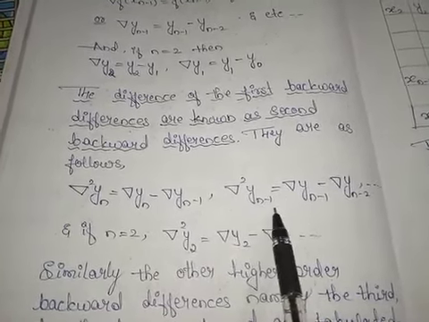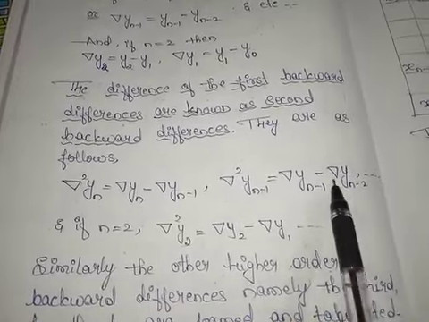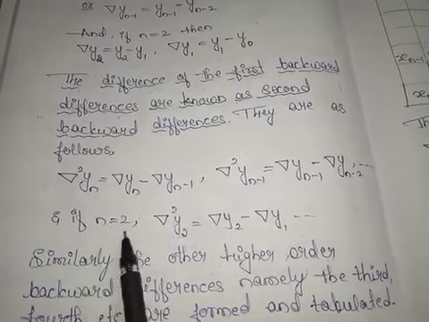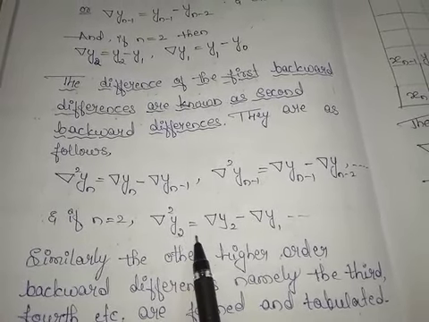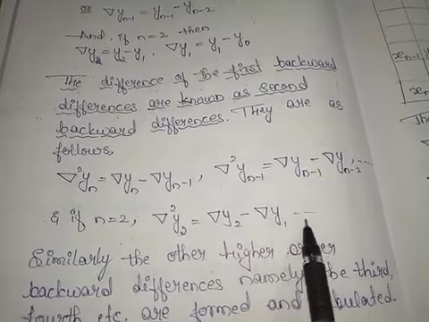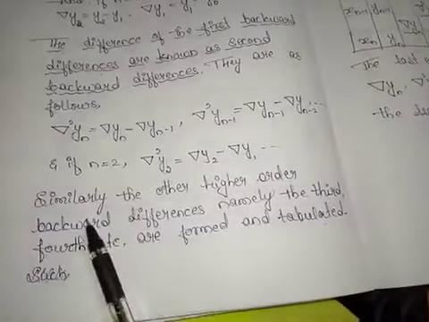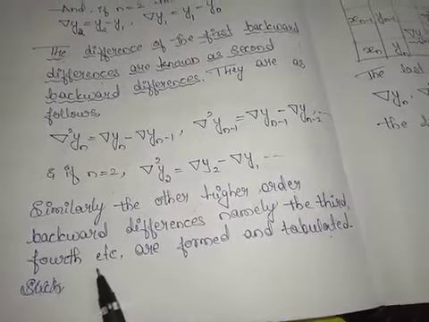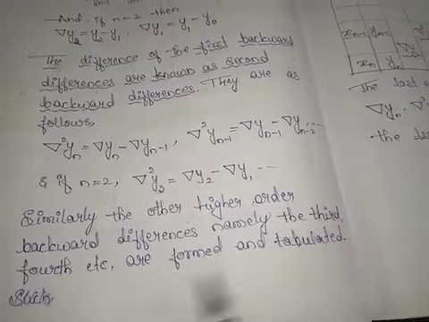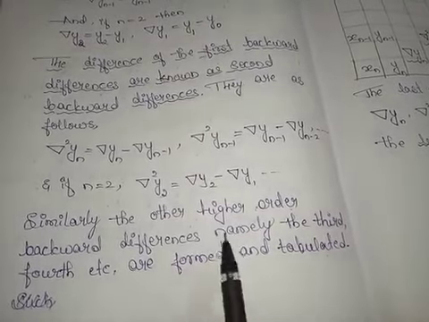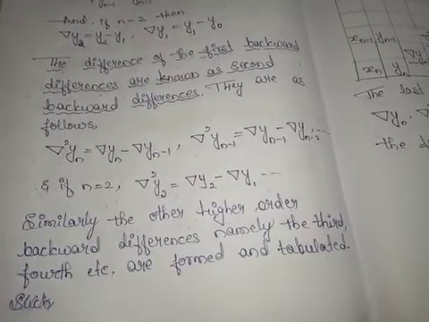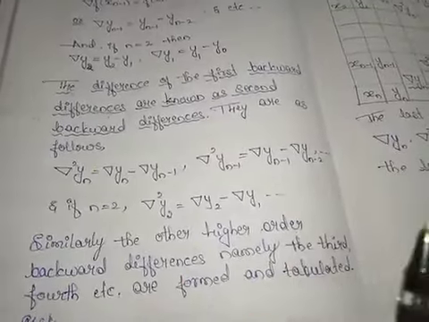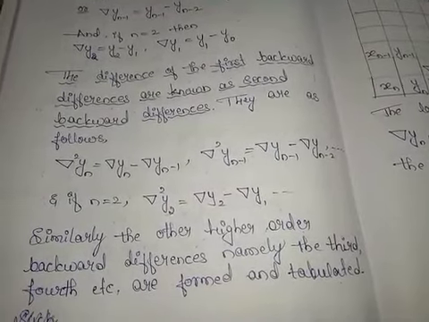Del square yn minus 1 is equal to del yn minus 1 minus del yn minus 2 and so on. When n is 2, del square y2 is equal to del y2 minus del y1 and so on. Similarly, the other higher order backward differences, namely the third and fourth and so on, are formed and tabulated by taking the difference of the earlier backward differences.